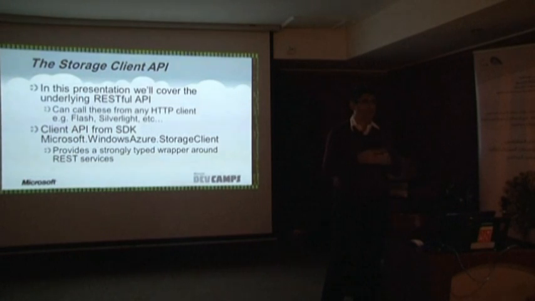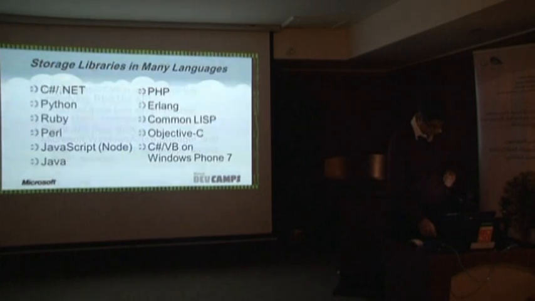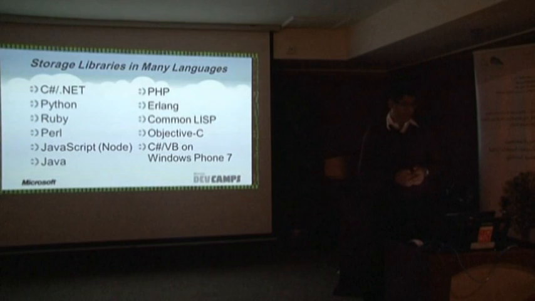So you can use native APIs to access the storage account. You don't necessarily have to go and rewrite the REST APIs yourself. Now the storage APIs are available in most of the platforms. They are in C#, Python, most of these. But keep in mind that you'll have to download the SDKs and use them. Okay.